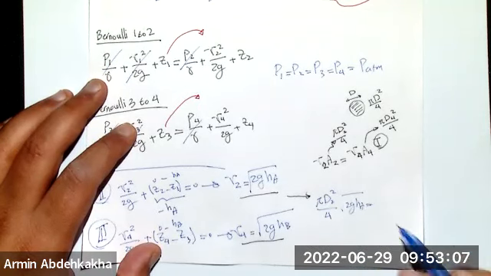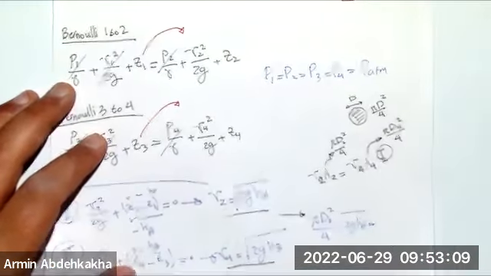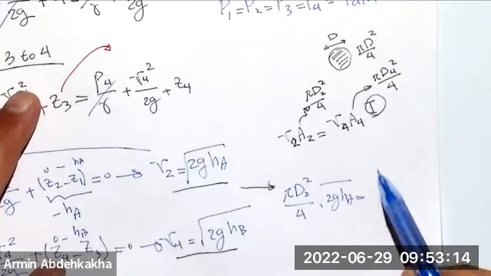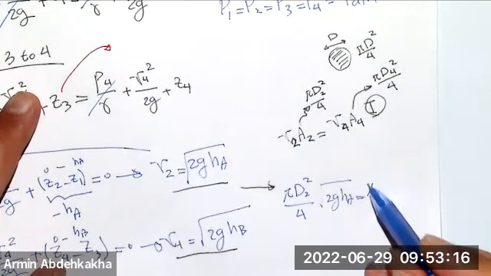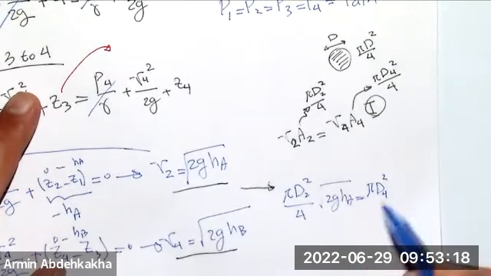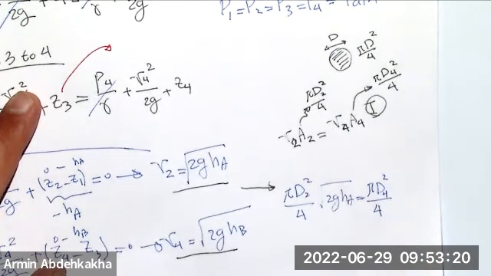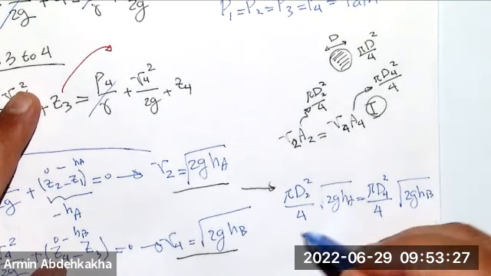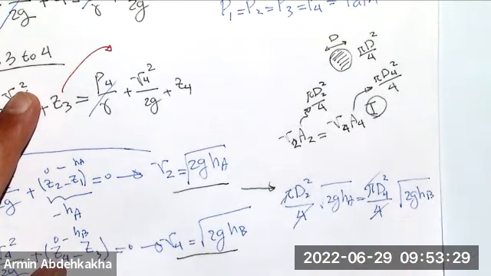On the other side, I have pi D4 squared over 4 times square root of 2GHB. Okay, so I can cancel it.